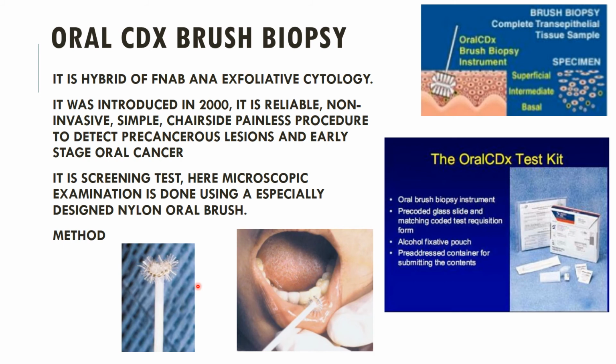You have collected this material and you're sending it for the computer image analysis, and because of that you'll get a printout of color images of the cellular abnormalities, and with that you'll get the explanation. If a positive report is obtained, then a scalpel biopsy should be planned after that.